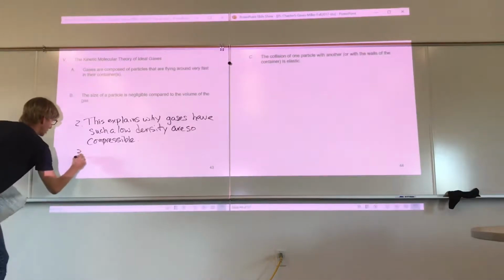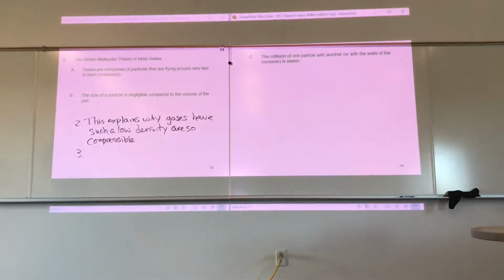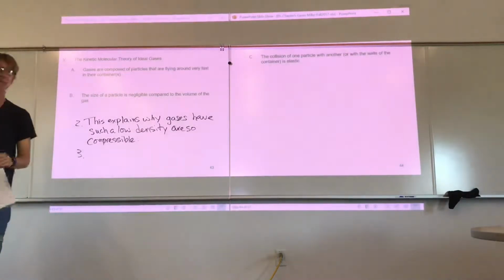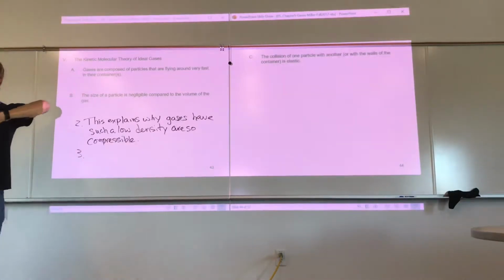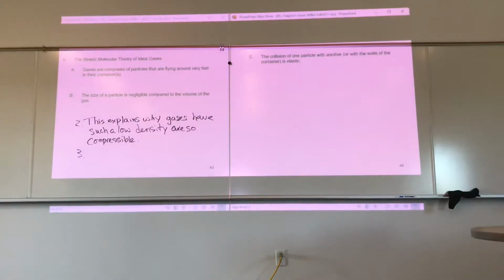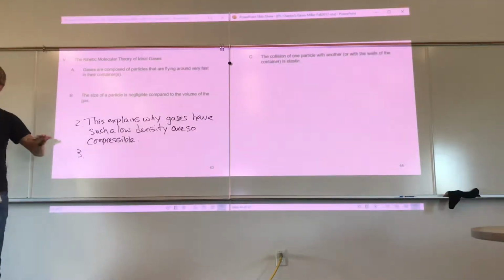But as a rule of thumb, for liquids and solids, the next particle is within a diameter, and then these are 10 diameters away, and you think about 10 diameters in the x, y, and z direction, 10 times 10 times 10 diameters. There's about 1,000 times more space in a gas than a liquid or solid. And that's why gases have densities that are approximately 1/1,000 of a liquid or solid.